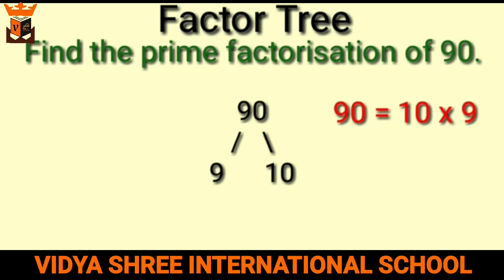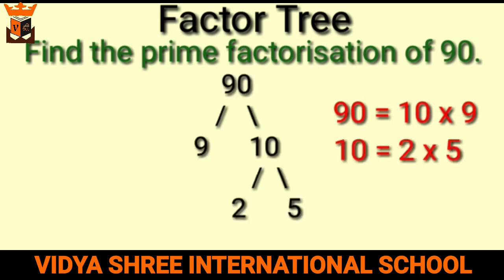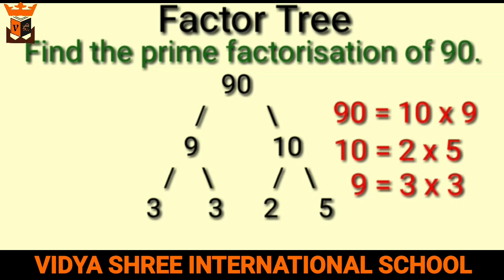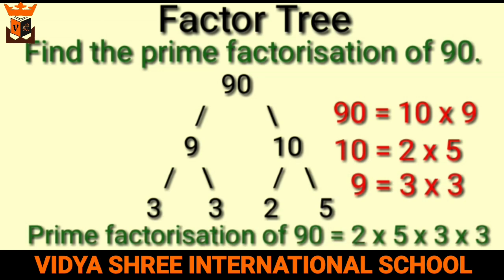Now think of a factor pair of 10. 10 can be written as 2 multiplied by 5. Now write the factor pair of 9. 9 can be written as 3 multiplied by 3. So the prime factorization of 90 is equal to 2 multiplied by 5 multiplied by 3 multiplied by 3.